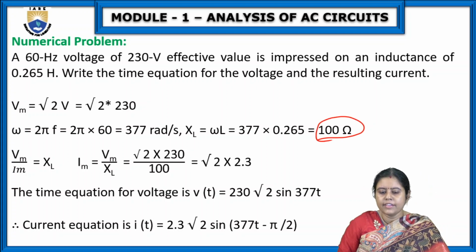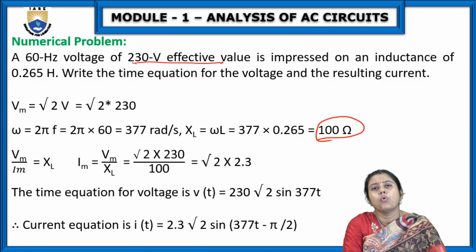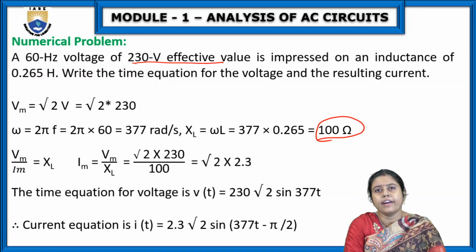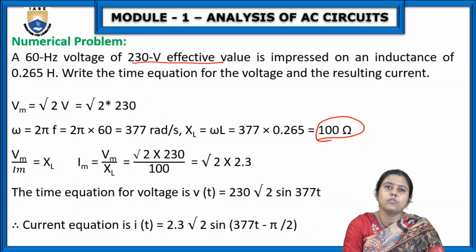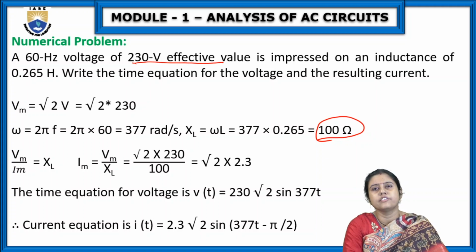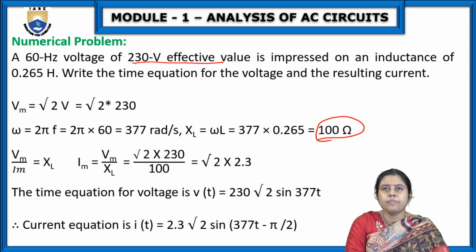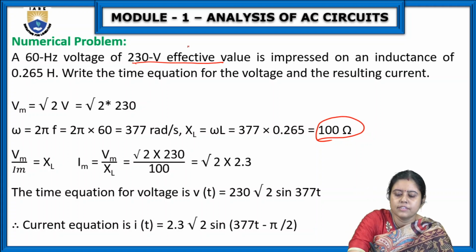Next, the problem gives the 230 volt effective value. For any electrical apparatus, any value written on its name board is always the RMS value, so effective value is nothing but the RMS value.